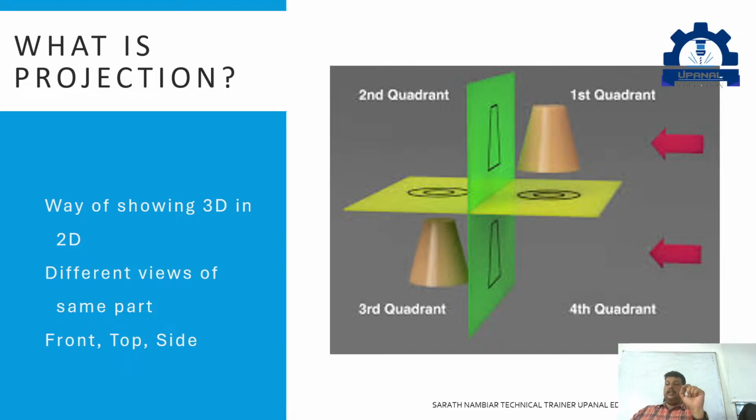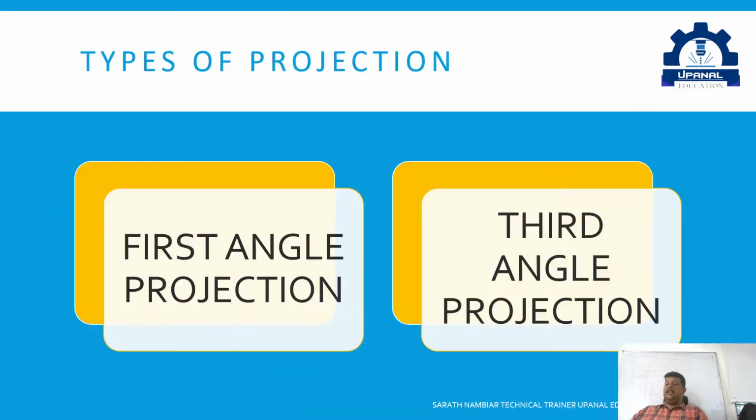All these three together give you a full understanding. So projection is nothing but a method to represent a real 3D object using multiple 2D views. Once you understand this idea, drawings will stop looking like random lines and start looking like different sides of one single object.